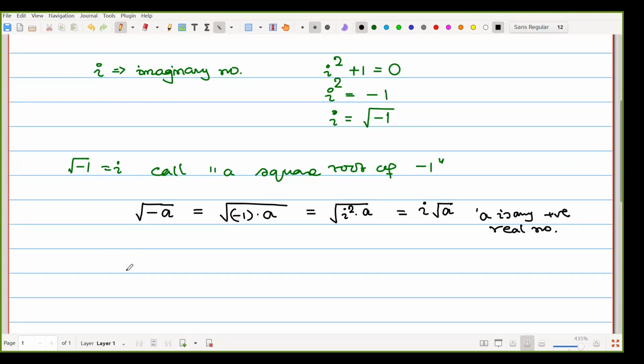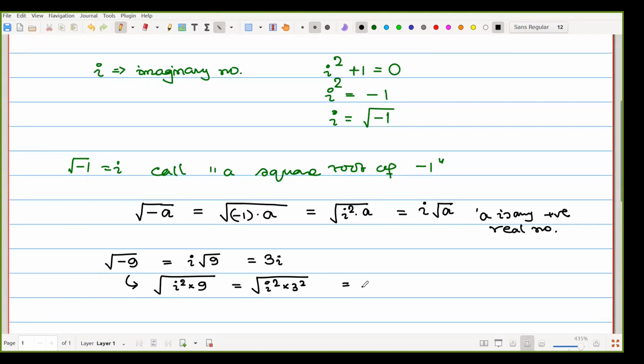Suppose another one with the number -9. It can be written as i times square root of 9, that means 3i. I am once again defining it. That one can be written as -1 into 9, that means i square into 9, so i square into 3 square.